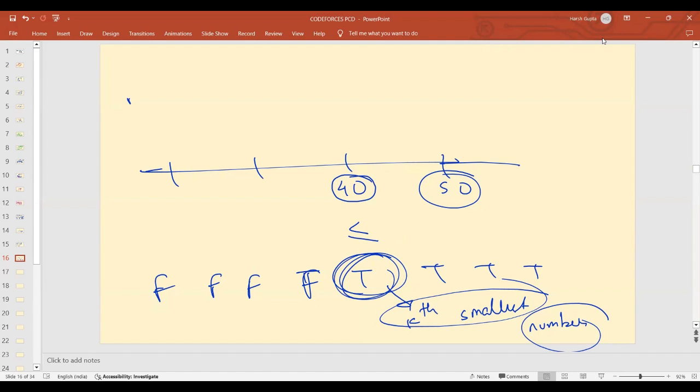Can I say this? Yes. So that is how you can solve this question.